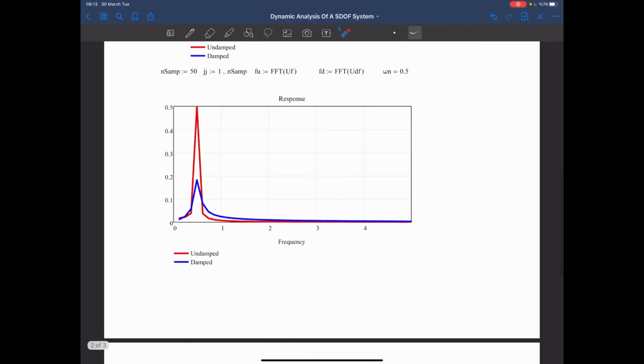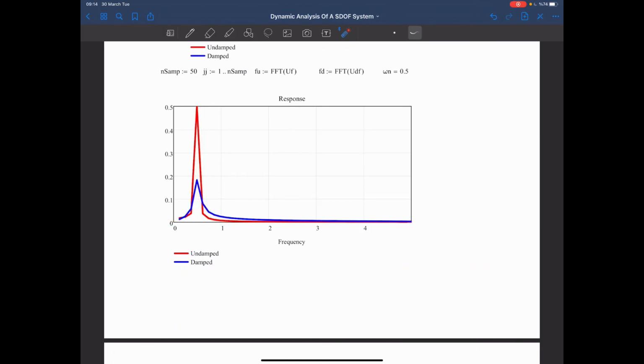The other difference between the damped and the undamped vibration is the width of that peak. Maybe it's not very clear because the FFT software doesn't give me much resolution here, but it's very common to see, for the undamped vibration, a very sharp peak, something like that.